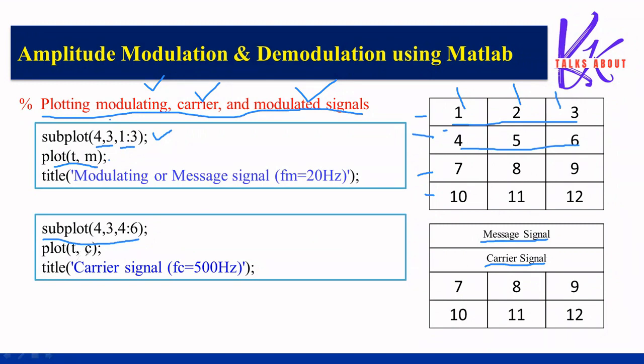So plot t comma c, where c represents the carrier signal, which has a frequency of 500 Hertz. Even if you want, you can make the plotting separately by using a predefined function called figure, and you can get an individual plot for each signal, like the message signal, carrier signal and modulated signal.